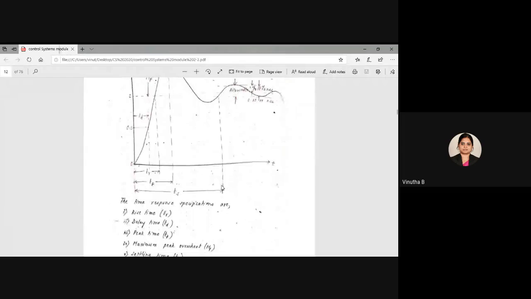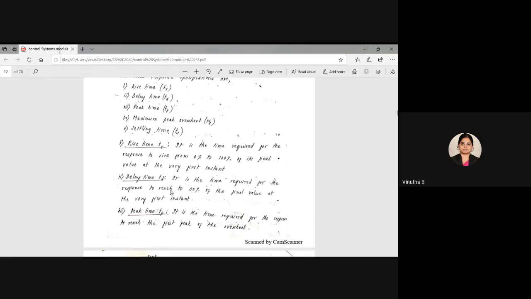Okay, and I will just start off with the first parameter that you can see here, which is the delay time. So the definition for the delay time will be what? It is the time required for the response to reach 50% of the final value at the very first instant. That means what? You can see here the delay time.